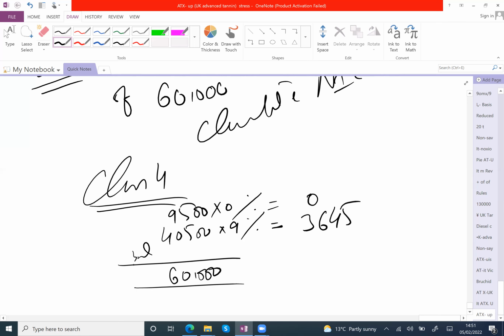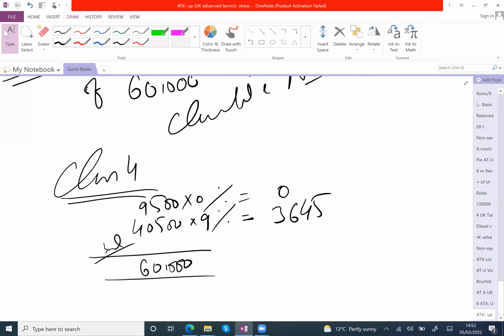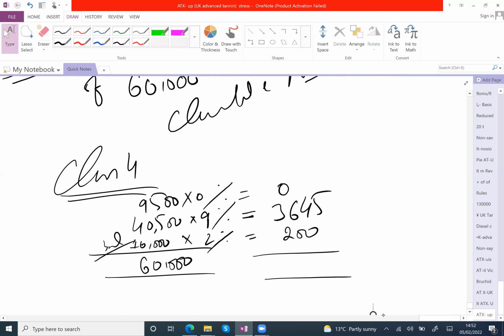And the balancing amount is 10,000 at the rate of 2%, which is 200. Total 3,845.